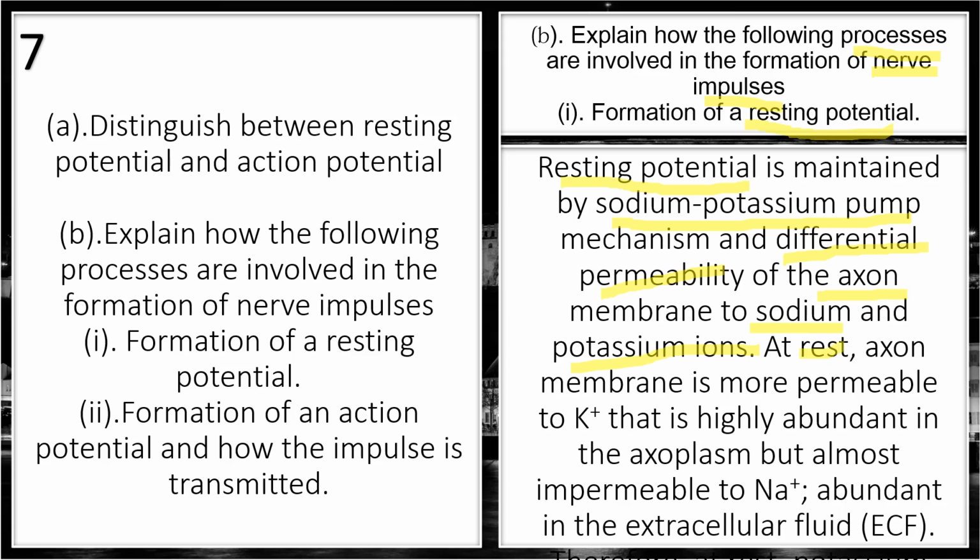At rest, the axon membrane is more permeable to potassium ions, which are highly abundant in the axoplasm, but almost impermeable to sodium ions, which are abundant in the extracellular fluid.